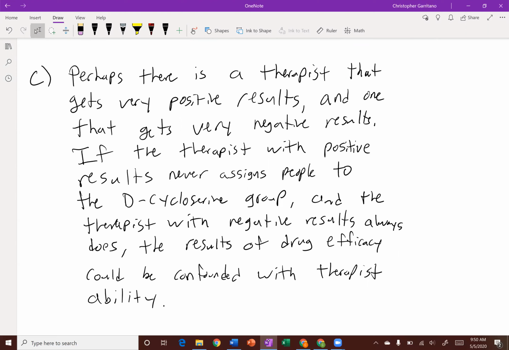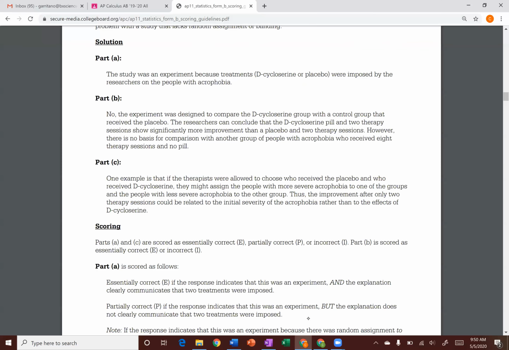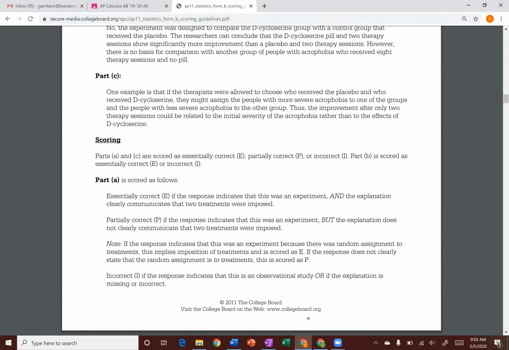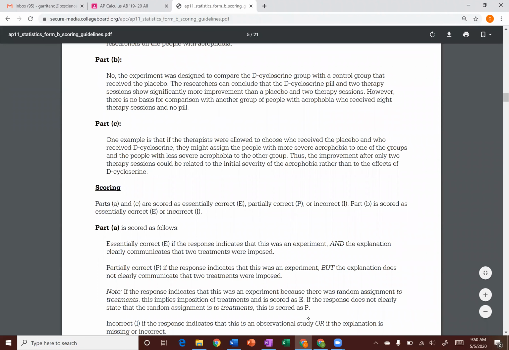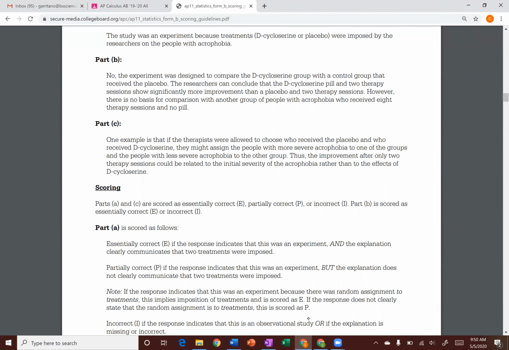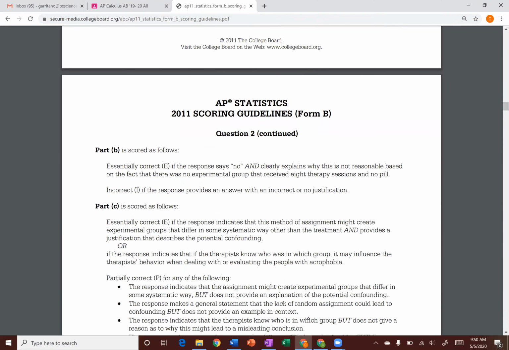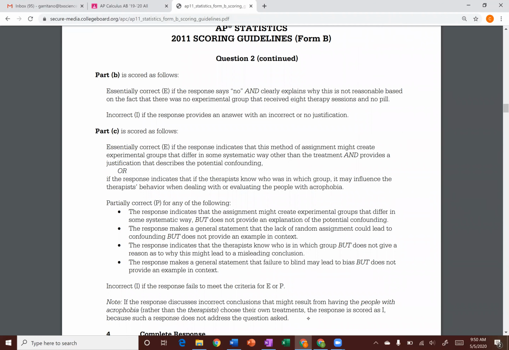So, in my opinion, if I go to the scoring guidelines, sure, I can read their response, and their response is very different from what I put, but that's just one possible response. If we scroll down to the scoring for Part C, we would be essentially correct if the response indicates that this method of assignment might create experimental groups that differ in some systematic way other than the treatment and provides a justification that describes the potential confounding.